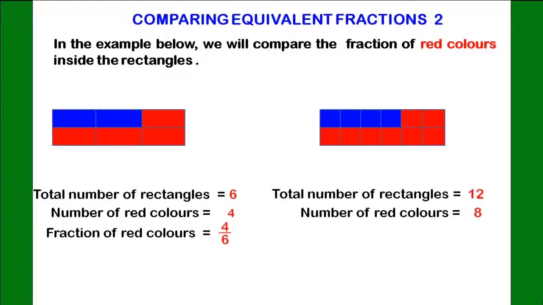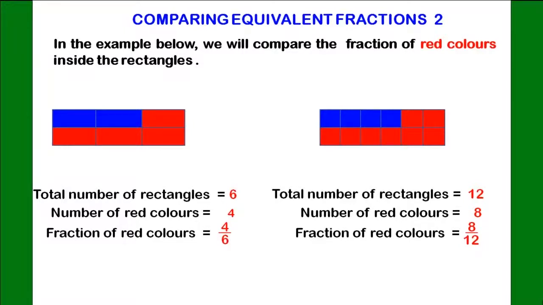Again, the fraction of the red colored parts for this rectangle is equal to the number of parts colored red over the whole part the rectangle was divided into. Hence, the fraction of the red color for the second rectangle is 8, that is, the parts colored red, over 12, that is, the total number the rectangle was divided into.